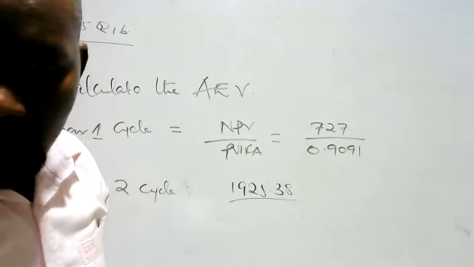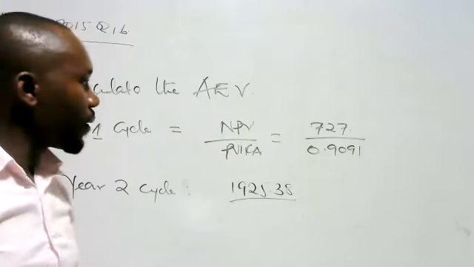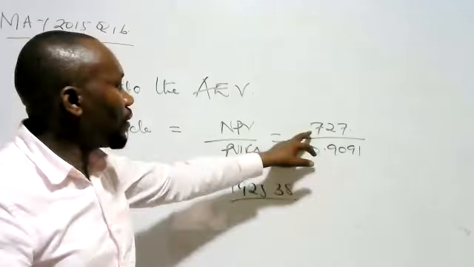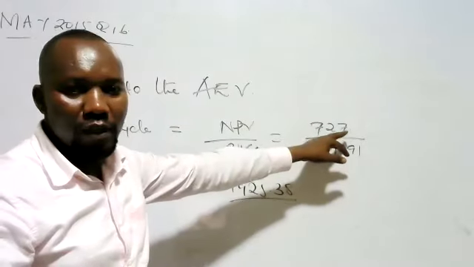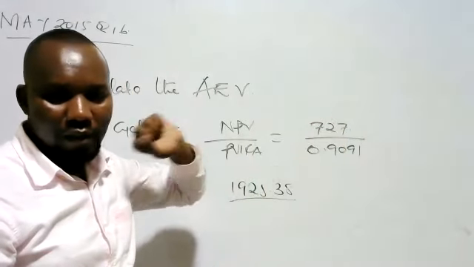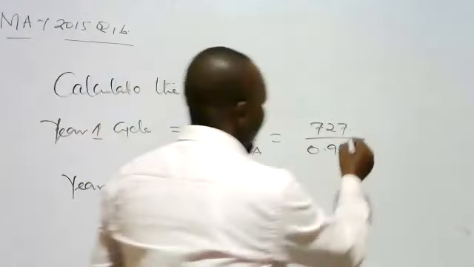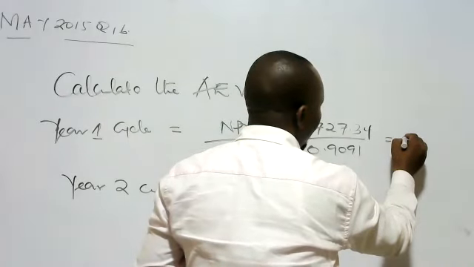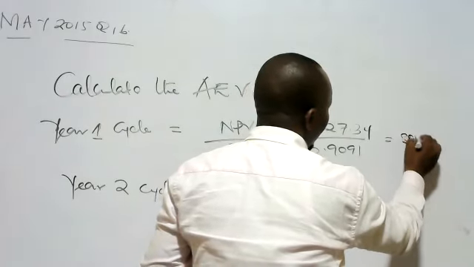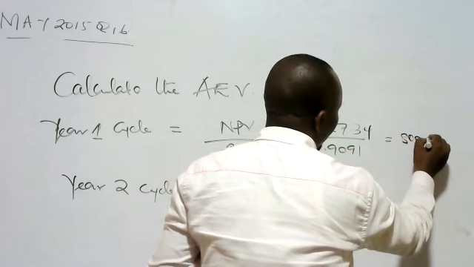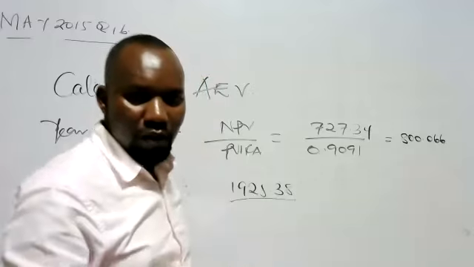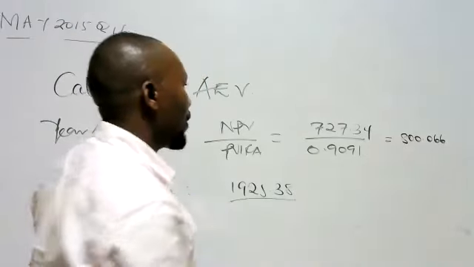Dennis, annual equalization for year one, it's 800.06. It is 727.34, and then it is now 800.066. Yes, okay. Thank you.